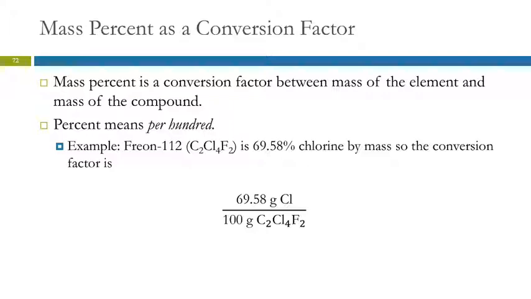So if we look at this Freon 112, here's this chemical formula, and we're told that it's 69.58% chlorine by mass. We can take that number, 69.58, and make it into 69.58 grams of chlorine per 100 grams of compound. And now that's a great conversion factor between chlorine and the Freon 112.